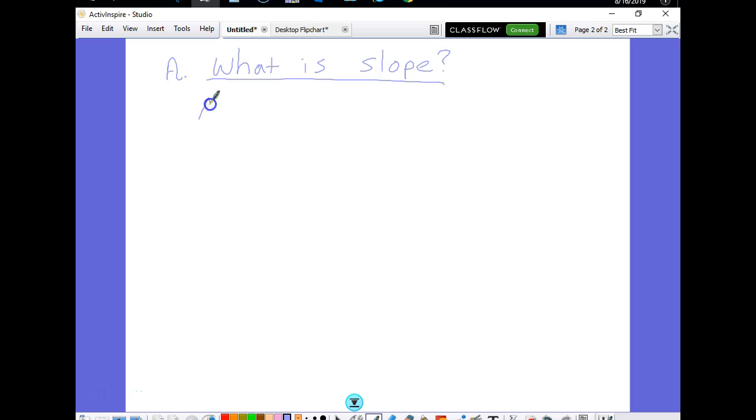It's a number that tells you the steepness of a line. The steepness. So the bigger the slope is, the more steep that line is. Okay?